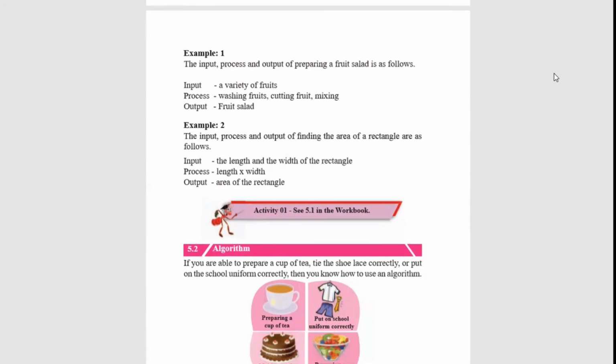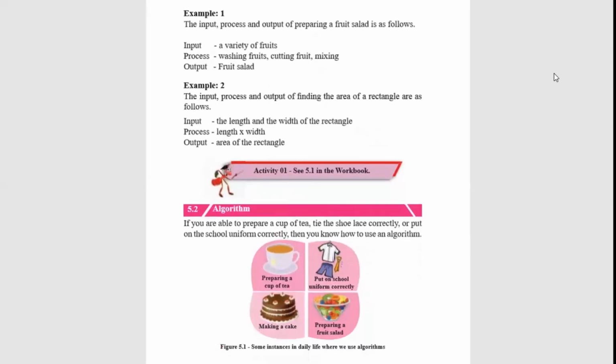We'll go for something more specific, like a mathematical calculation. If you want to find the area of a rectangle, what are the inputs? We need length and width. You multiply the length into the width, and that's the process.